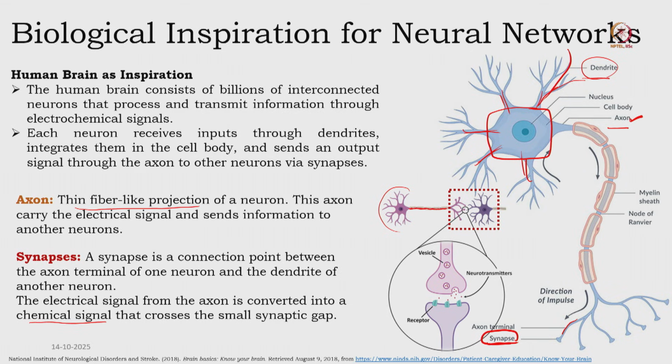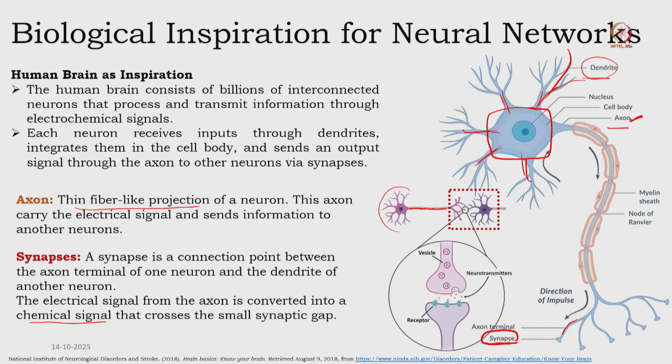What exactly happens inside this nucleus is, when a neuron receives enough input signals through dendrites, it goes to the cell body, which in biology we call the soma. This is the one which decides whether the total signal is strong enough to trigger a response. If that combined signal crosses a particular threshold, then the neuron fires.